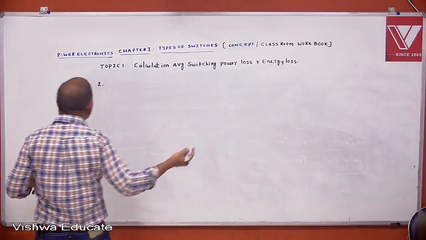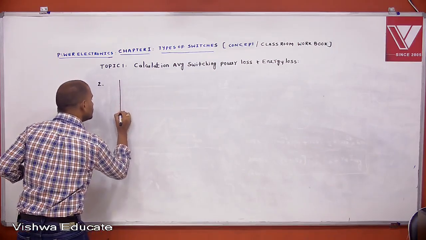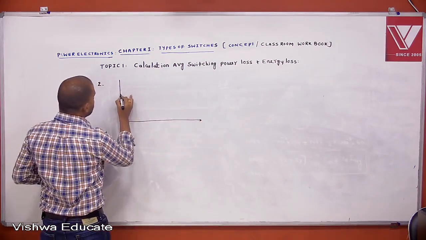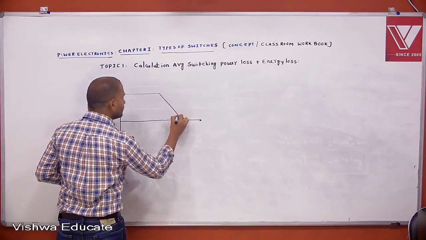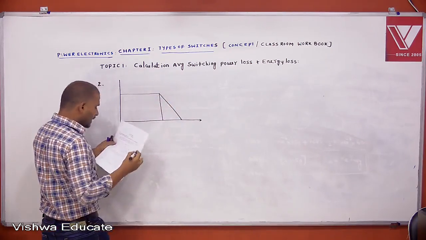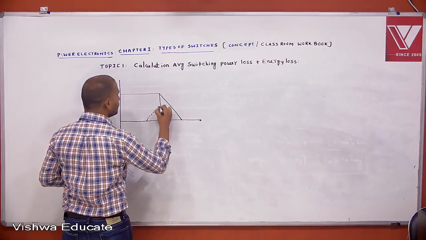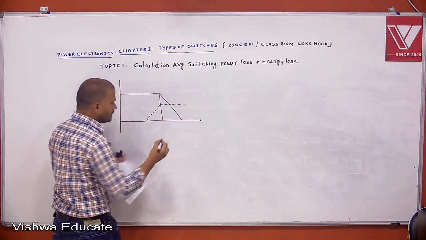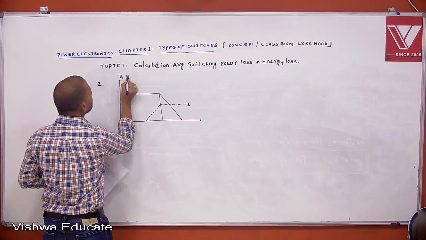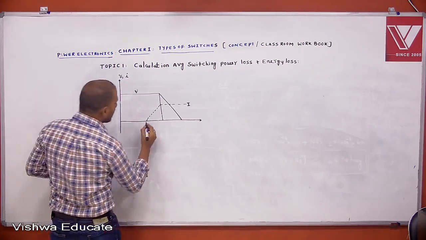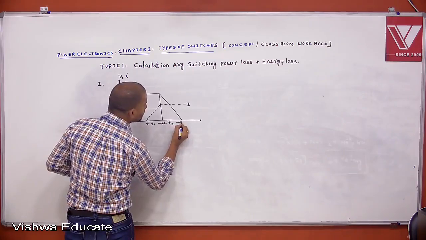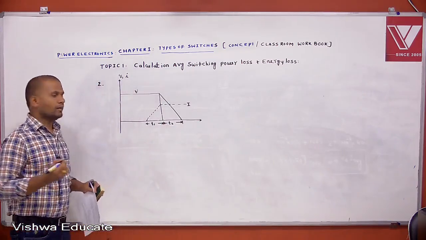These are the characteristics given. This is voltage V and this is current I. This is I and this is V, this is V comma I. This time is taken as T1 time and this is T2 time.